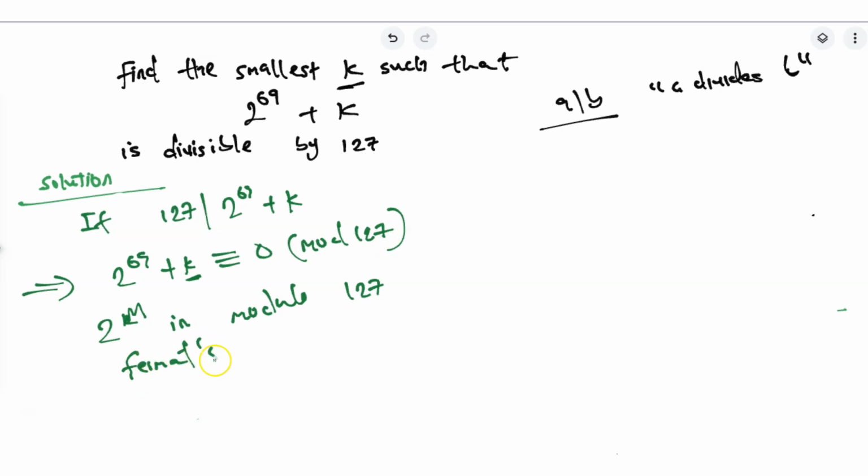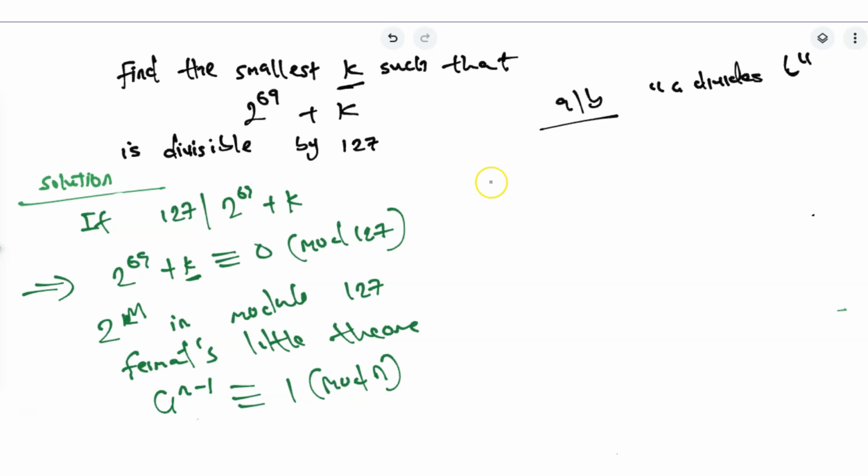Fermat's little theorem states that a to the n minus 1 is congruent to 1 modulo n, if n is prime. So notice here that means 2 to the power of 126 is congruent to 1 modulo 127, but this is not so useful to us actually.